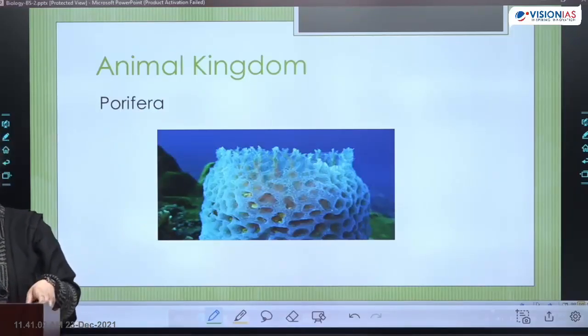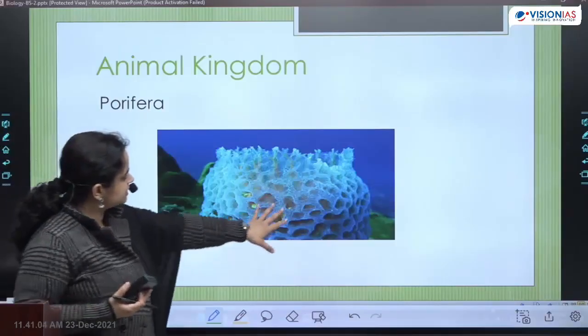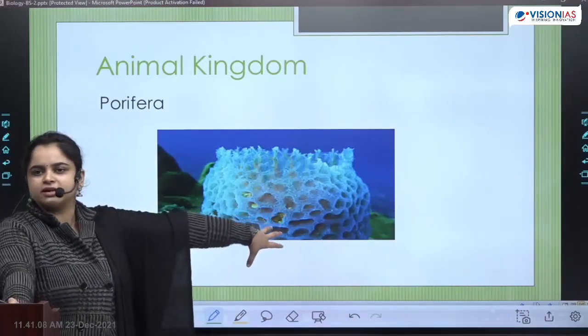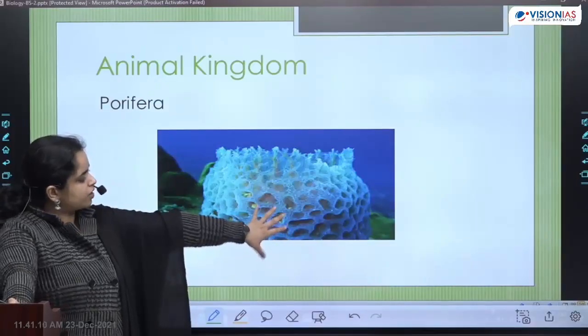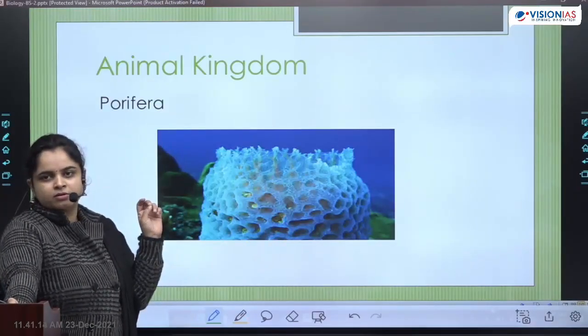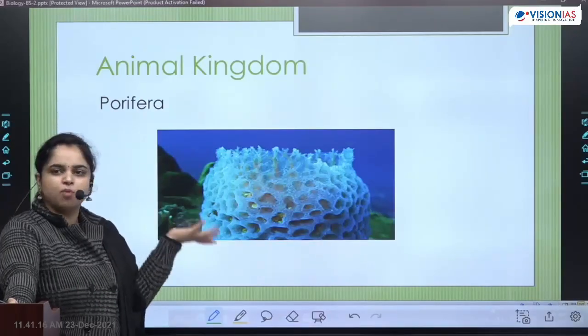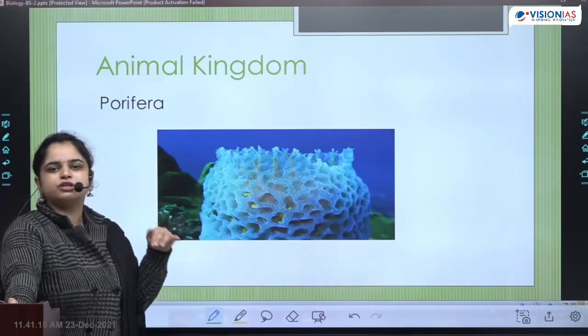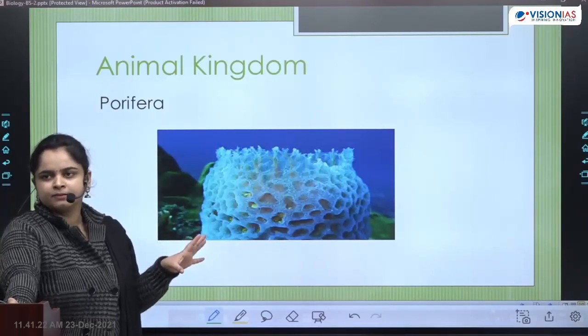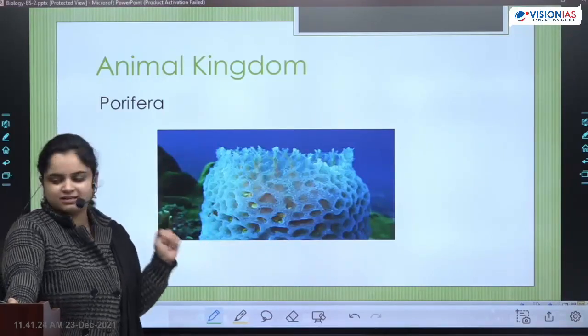Now Porifera, the picture you can see here is, this organism has a lot of pores. You can see a lot of holes here. Because of this, it gets its name Porifera, the animal with pores. And these are mostly non-mobile. They do not show a lot of movement. Okay, write this down.